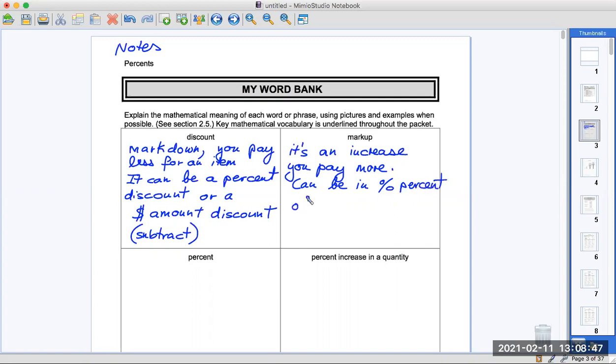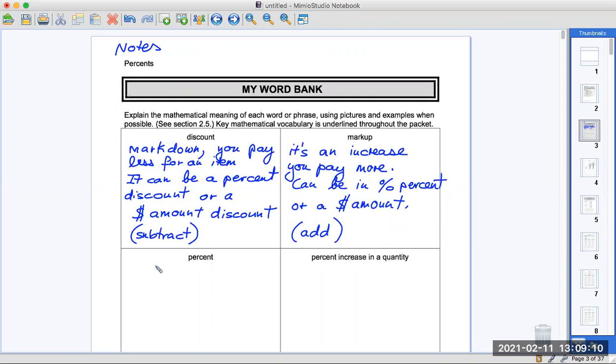Or it can be a dollar increase. It's not the same. Dollar amount. You find it by adding more, so you add the increase to your original price.